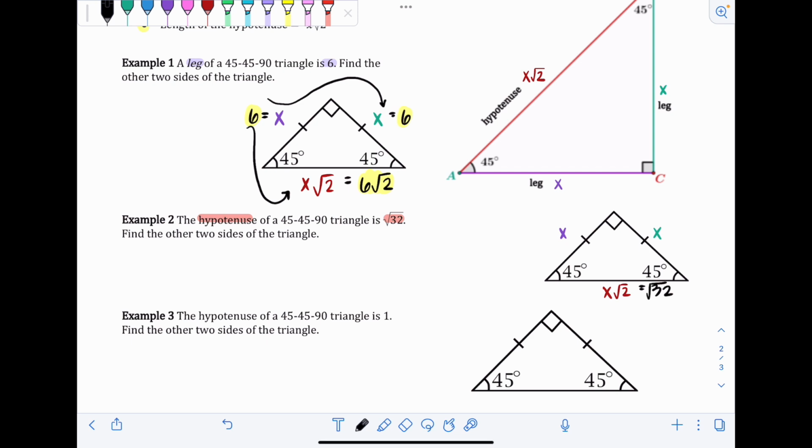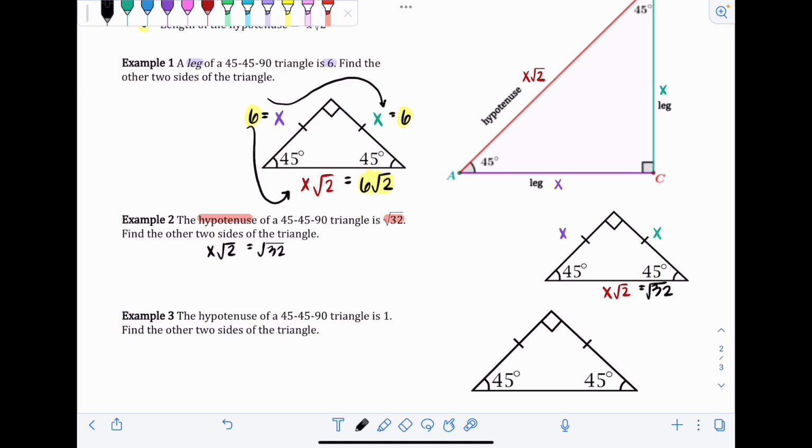And then I'm just going to take that equation that we just wrote and write it off to the side so we have a little bit more space to work on it. So it'll be x root 2 equals the square root of 32. There's actually a couple ways to do this. One option, we could divide by the square root of 2. There's a couple different ways.